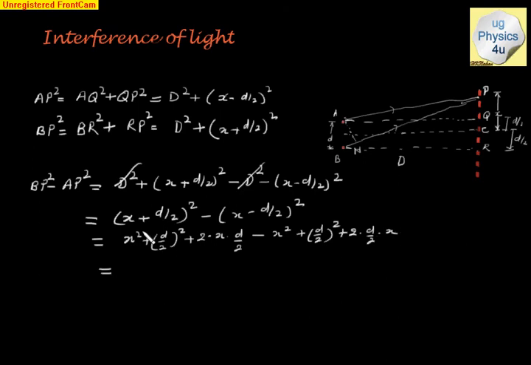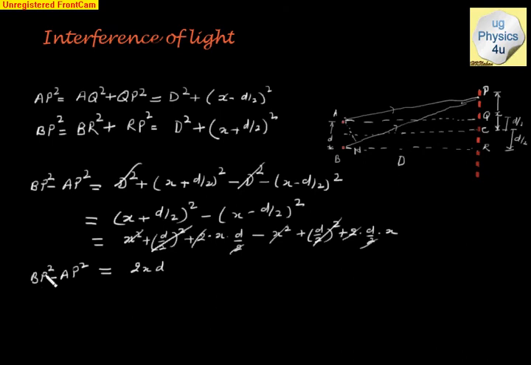So from here x square will cancel out, d by 2 square will cancel out, and we are left with these two similar terms. So we get one xd and other xd, so we get twice x and d. This is BP square minus AP square.